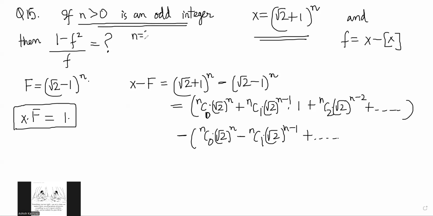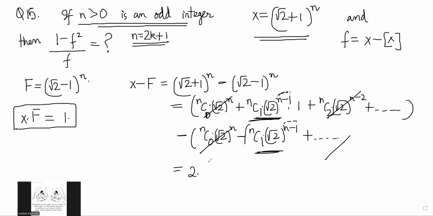So n is equal to 2k plus 1. That is why subtraction makes more sense, because when it is an odd integer, n minus 1 is even. So this becomes a rational term, because root 2 is raised to an even power here. So when you subtract, these terms get cancelled, these terms get cancelled, and these terms get added.